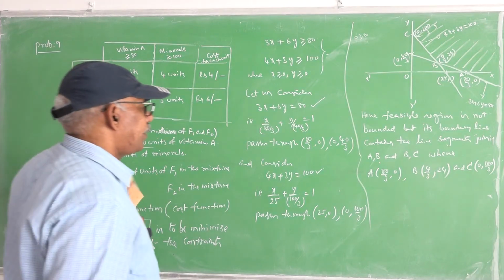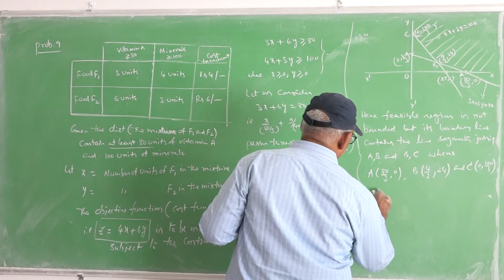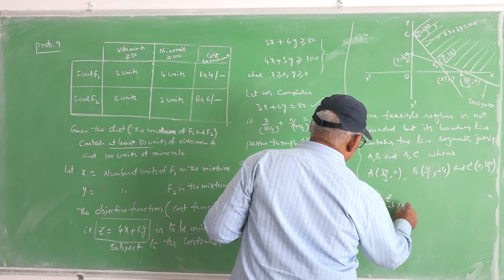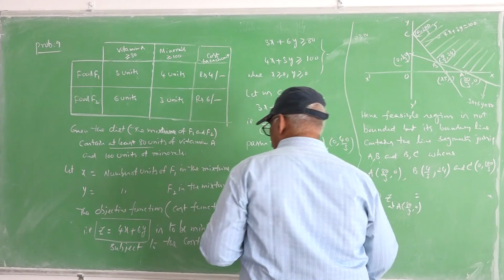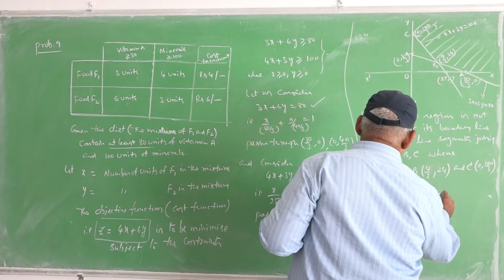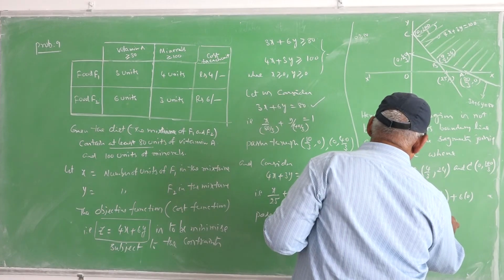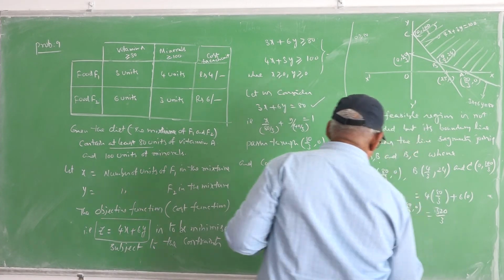So let us consider Z at A, 80 by 3 comma 0, which is 4 into 80 by 3 plus 6 into 0, 320 by 3.